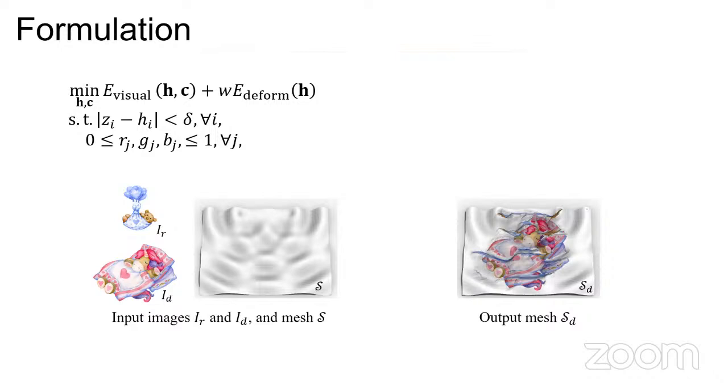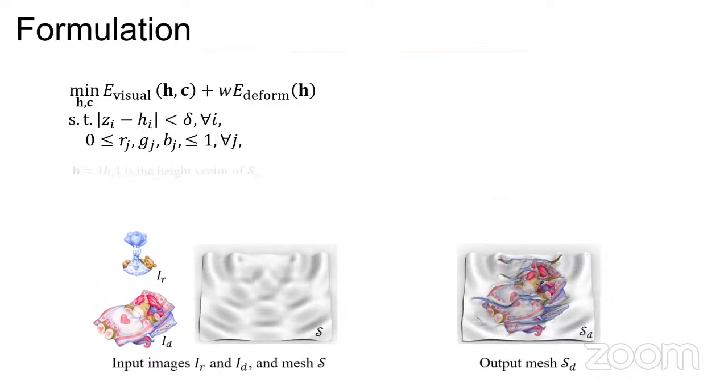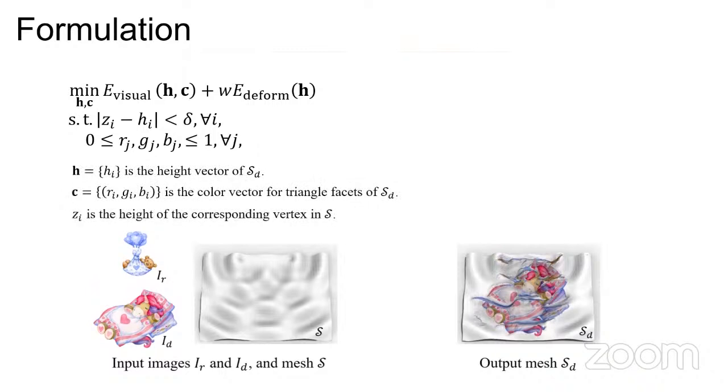The second one constrains the color value within the range from 0 to 1. And H is the height vector of SD, and C is its color vector. Hi is the height of the corresponding vertex in S.